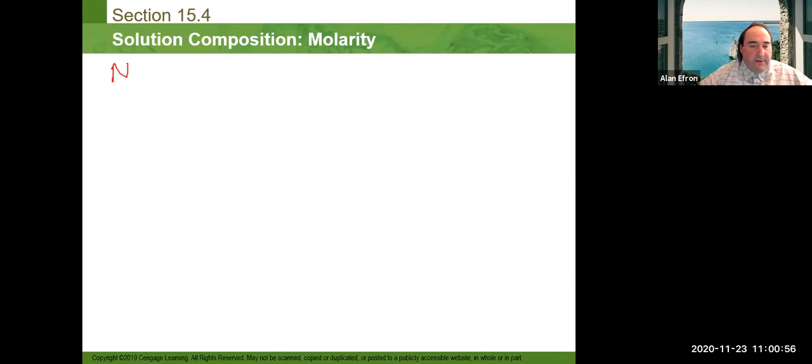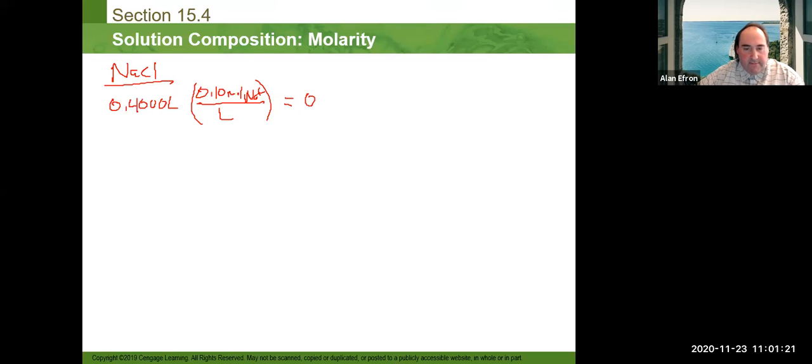So for our sodium chloride solution, we have 0.4 liters times our molarity of our sodium, which was 0.1 moles per liter of sodium ions. That's going to get us 0.4 times 0.1, 0.04 moles of sodium ions.